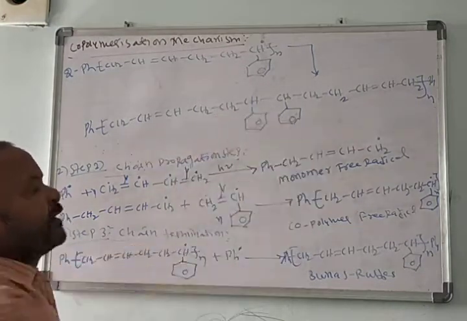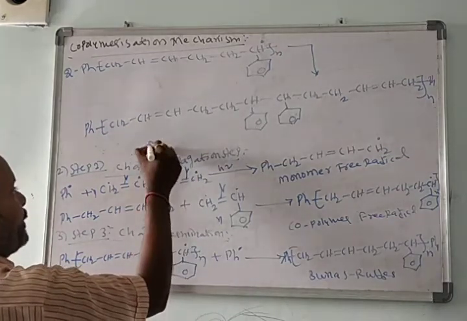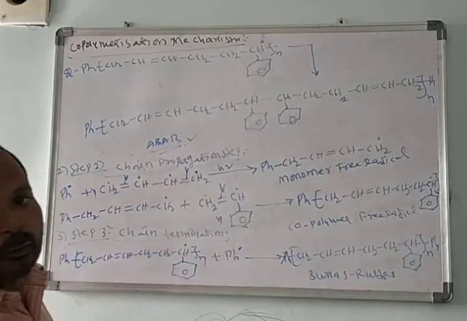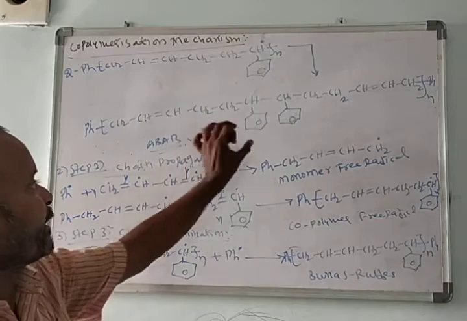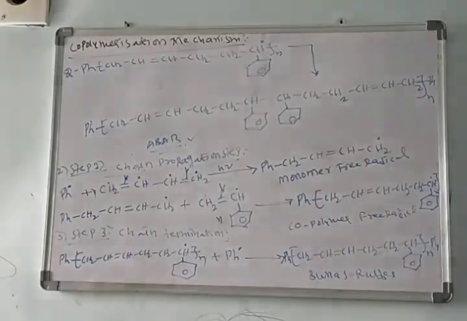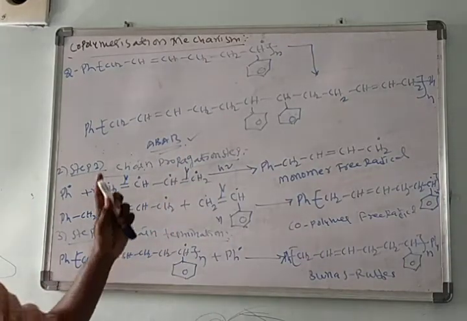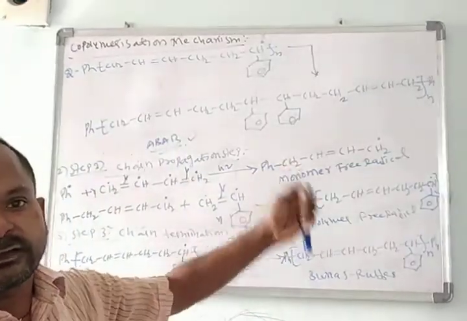This is one type of copolymer, an AB type copolymer, that means an alternate copolymer: 1,3-butadiene, styrene, 1,3-butadiene. This is about the copolymerization mechanism, the free radical copolymerization mechanism.